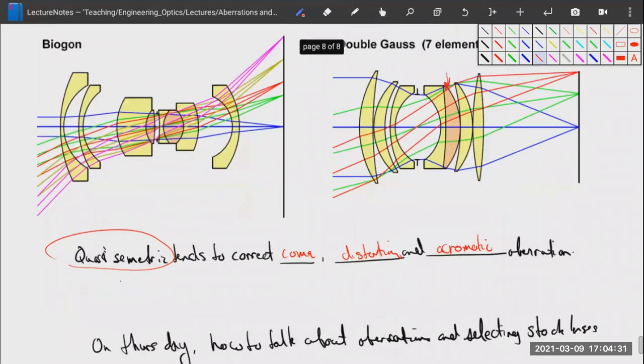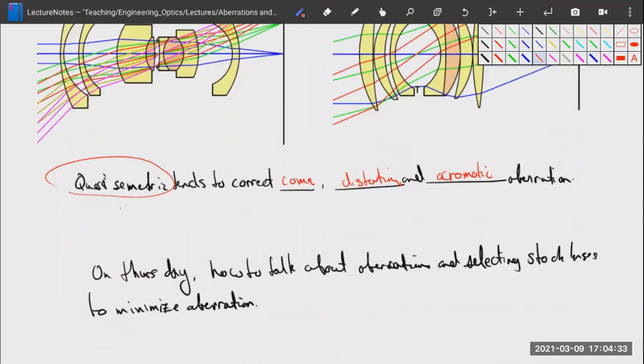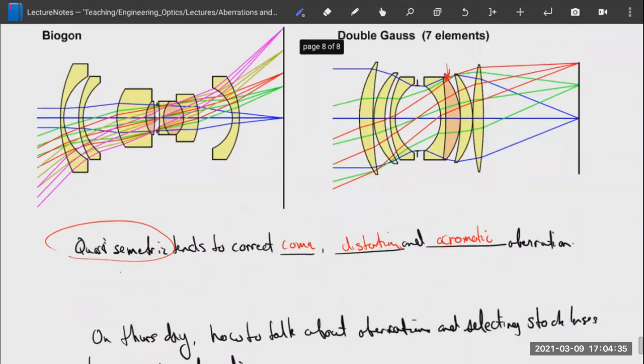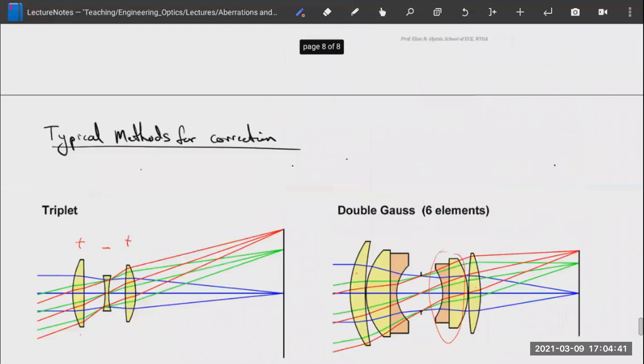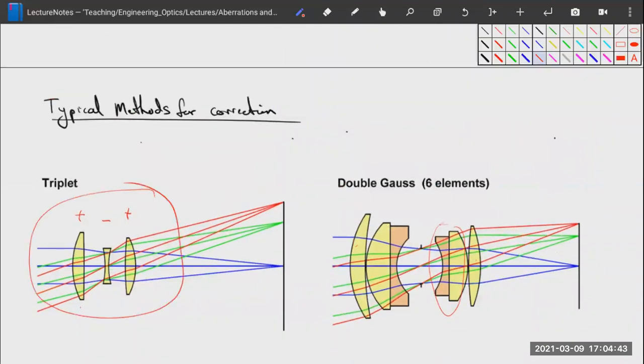So, yeah, we're not going to expect you guys to design systems like this or even like this, but it's really good to know. And in the next lecture where we talk about measuring optical systems, I'll show you where I used symmetry in my research to design an optical system that had greatly reduced aberration. So, all right.